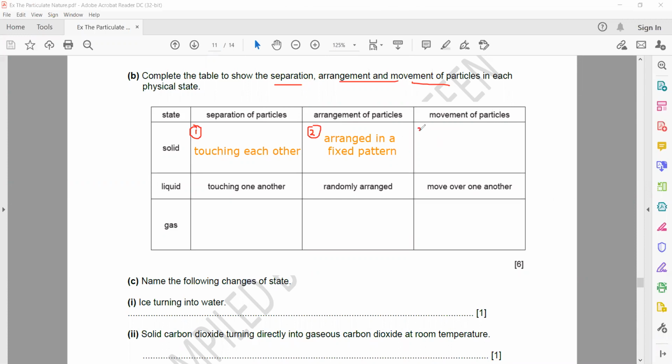What about the motion of the particles, movement of the particles? So they vibrate about a fixed position. Even the term vibrate will give you the mark. So if you just write vibration, you will get the marks.